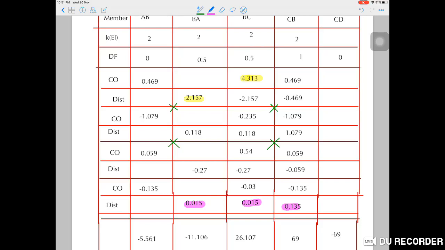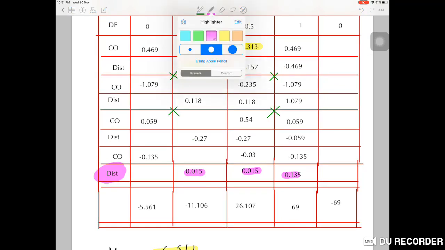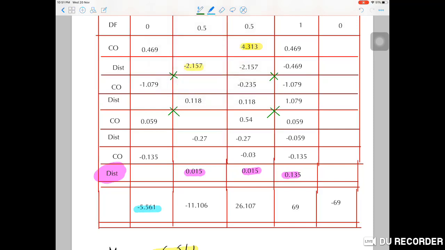Please remember that we must stop at distribution. We cannot stop the table at carryover. We must stop at distribution in order to balance all the moments. So we get these moments: negative, negative, positive, positive, negative.